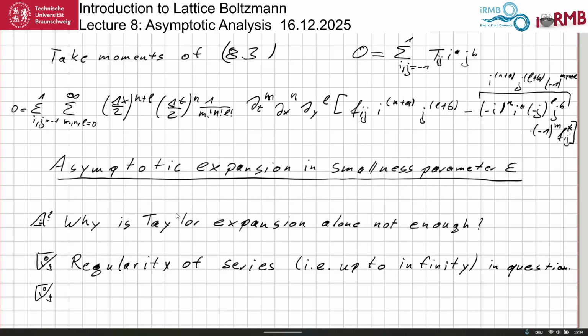In the Taylor expansion we don't necessarily have a very good measure for the asymptotic behavior of these nonlinear parts. So this is something that with asymptotic expansion gets much better.